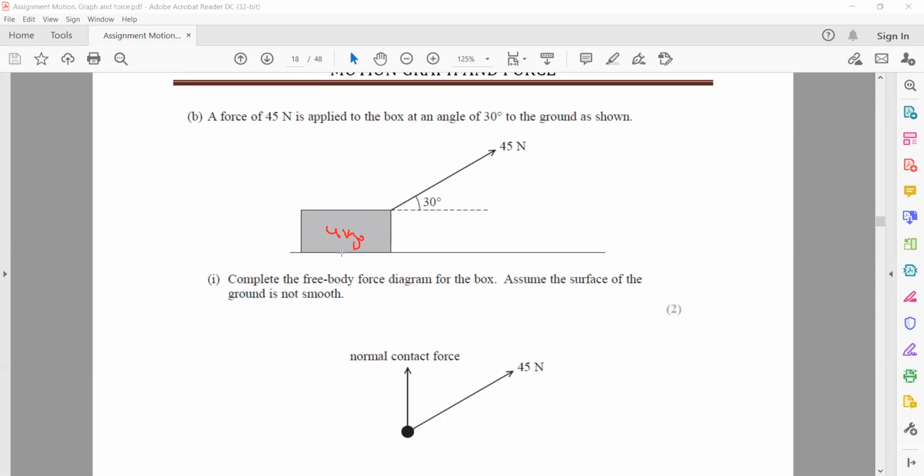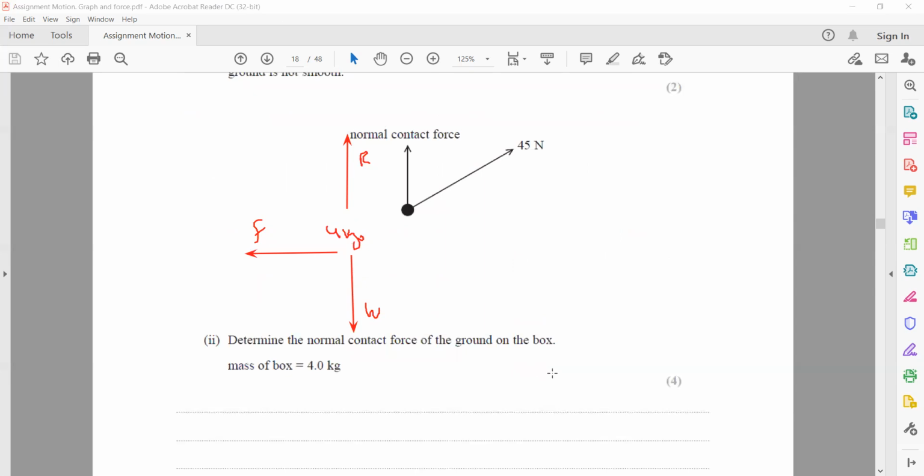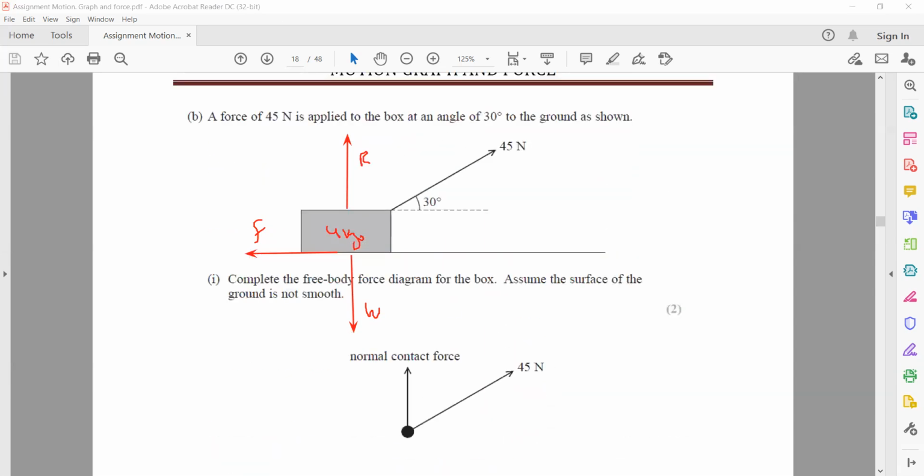The frictional force is there. The normal contact force R is there, and the weight is acting. In this case, when we apply the rule here, we'll divide this force into components.